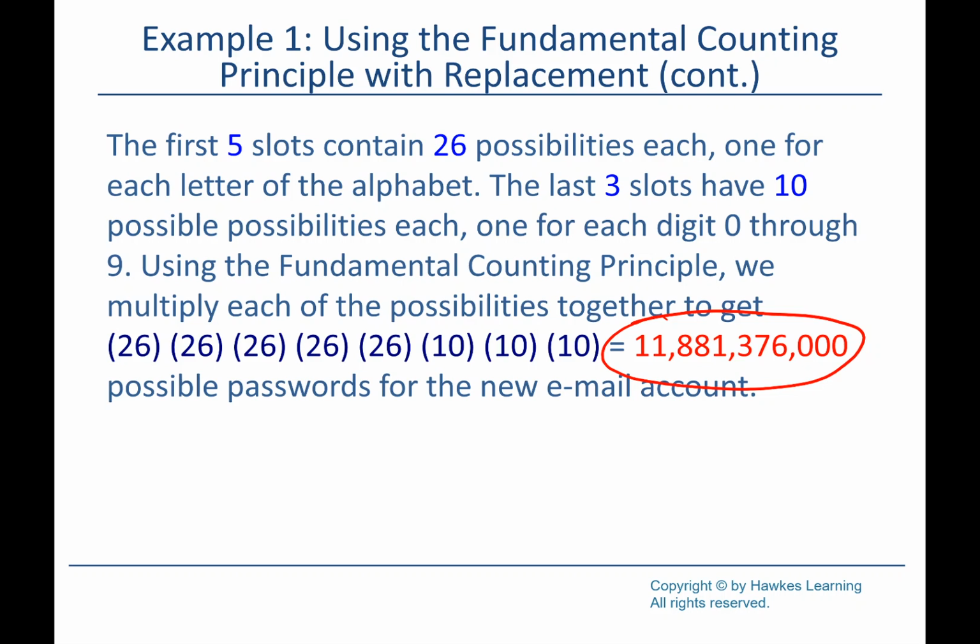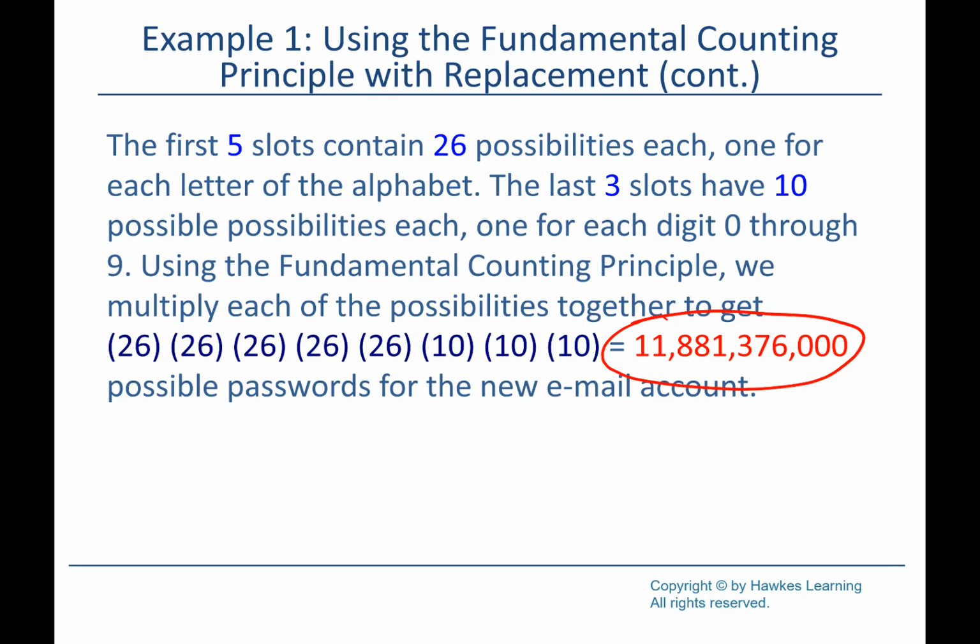We'll get 11,881,376,000 different passwords we could have. Really big number there.